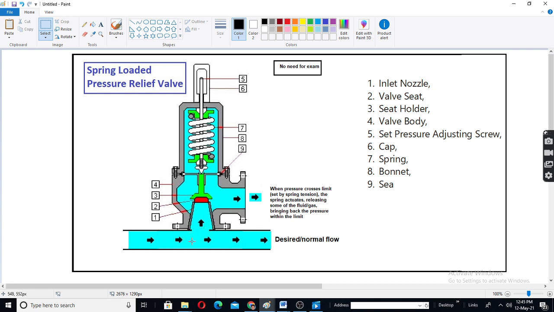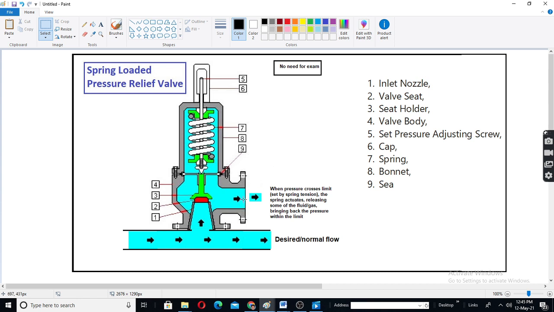When the pressure in this path increases more than the spring tension, the spring will get lifted up by this pressure, and some of the liquid or air will move outside.